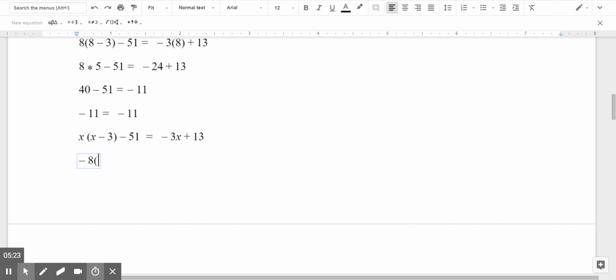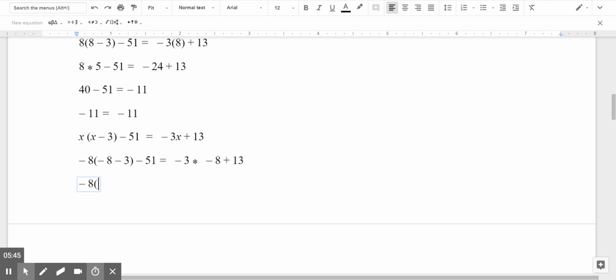Negative 8 times negative 8 minus 3 minus 51 equals negative 3 times negative 8 plus 13. So this is going to change the value of our answer, right? We're not going to get negative 11 equals negative 11 again. This time we're going to get something else. So we'll follow the same order of operations for simplifying, right?